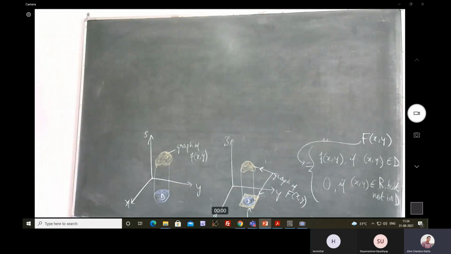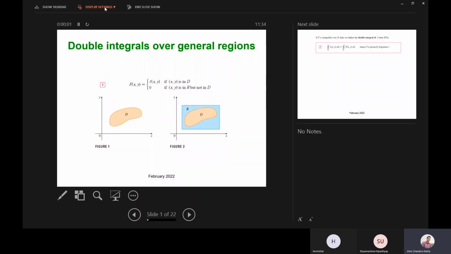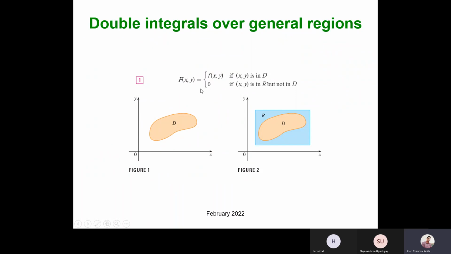And you would have probably imagined what it is going to be. See, this is what I have told you. This is my original domain D, but now I have enclosed the domain D inside a rectangle R. Okay, and I have defined a new function capital F of xy as this.